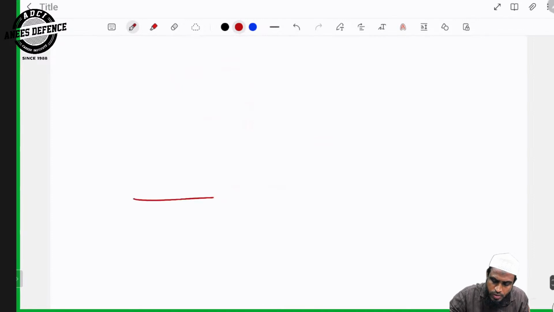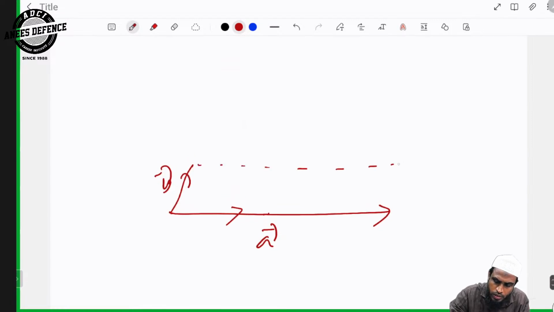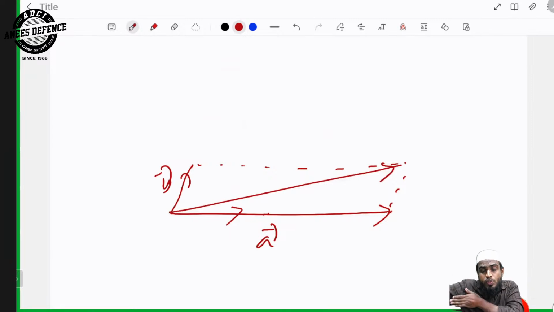So another case, if the vector is like this, with more magnitude, and the other vector is small. If you draw the parallelogram, you will get a diagonal like this, that is more close towards A. So you cannot always say that the resultant vector will be exactly at the middle of A and B. If you are considering two forces, the resultant will be more closer towards the bigger force.